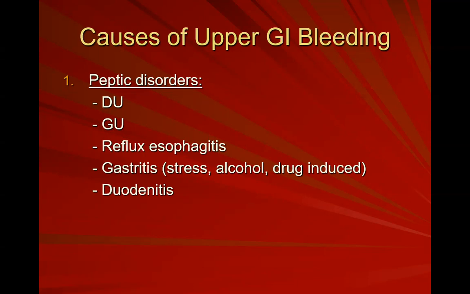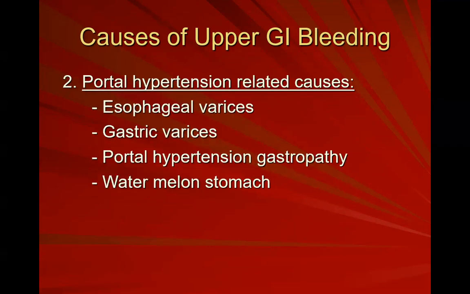If we are talking about upper GI bleeding, the most common cause is peptic ulcer disease. It can present in the duodenum, and also in the stomach. It can also lead to esophagitis, especially if it was related to H. pylori. It can also be related to gastritis and so on.